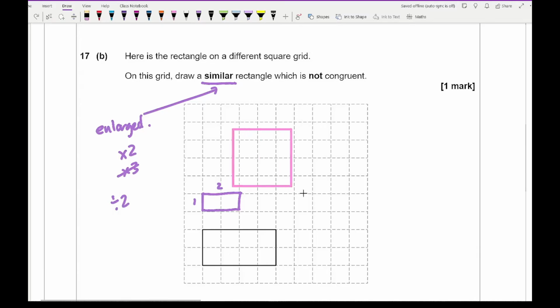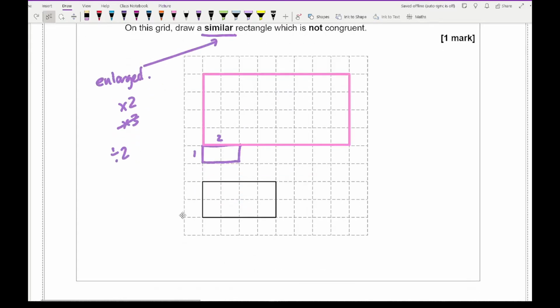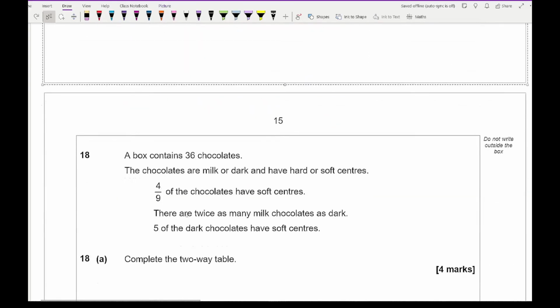So if I draw a 4 by 8, just bear with me. So here is our 4, and that's not quite 8, so let me just stretch that out by 1. And then we've got our double the size rectangle. Either of those two would be absolutely fine for our answer to part 17b.